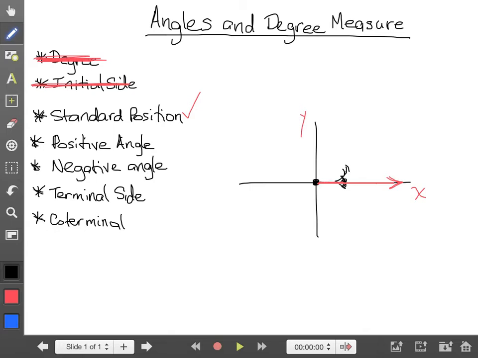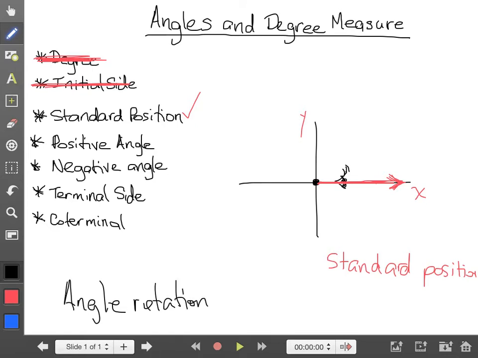If our initial side, where we're initially looking, where our rotation begins, is lining up with our x-axis, then the angle is said to be in standard position. So standard position just means our angle rotation is starting at the x-axis. So angle rotation or initial side is at the x-axis.